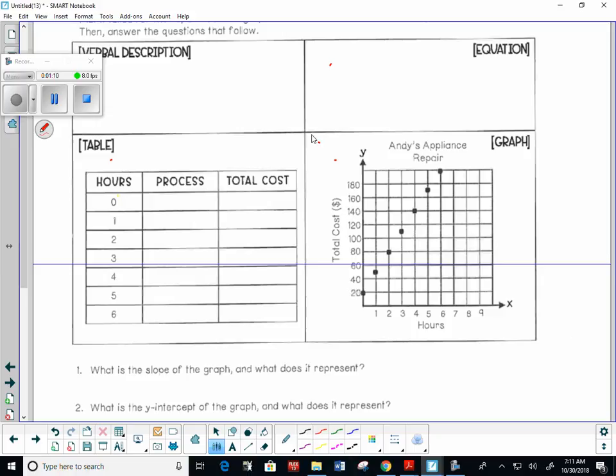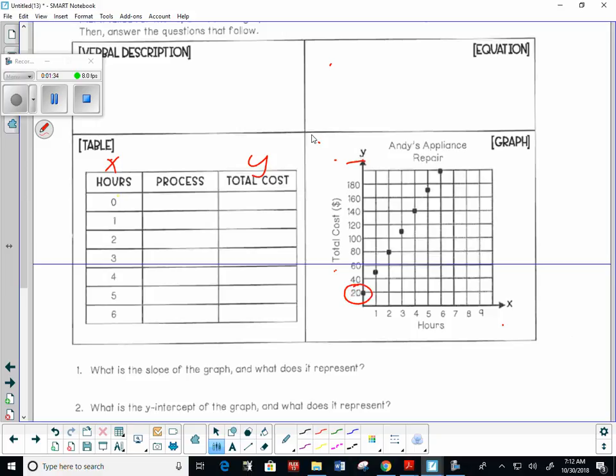We see that it's Andy's repair shop, and the Y total cost depends on the X values, the number of hours. So we always want to label, this is going to be our X, and there's going to be our Y.